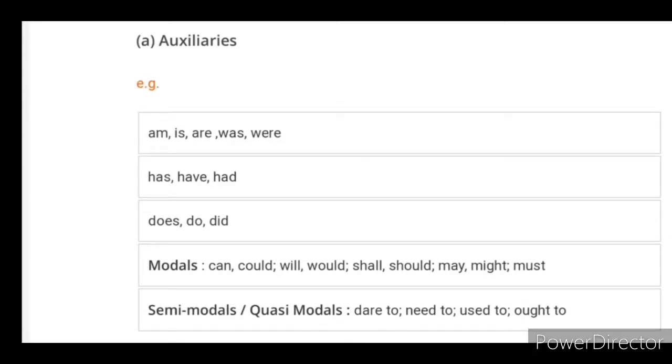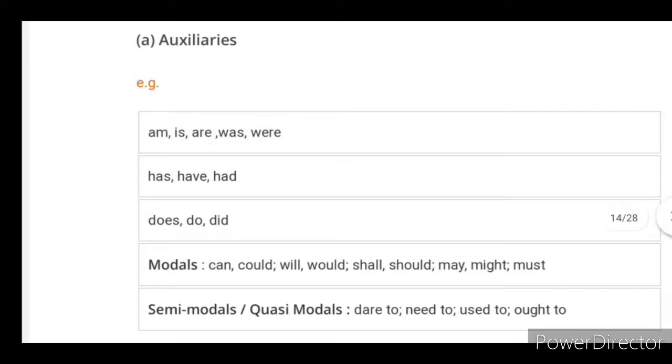Children, have you heard this word before, modals? What is a modal? A modal verb is a type of verb that is used to indicate modality, that is likelihood, ability, permission, request, capacity, suggestion, order, or advice.